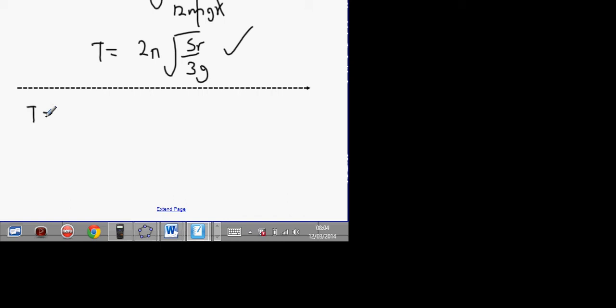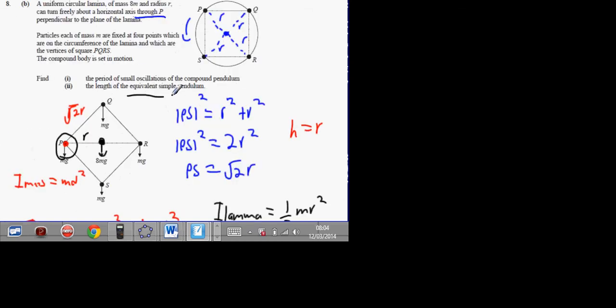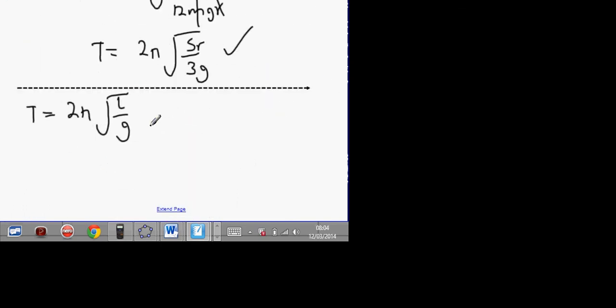It means they have the same period, which in turn means that it's going to be 2 pi square root of 5r over 3g. 2 pi's cancel, g's cancel. This means basically L equals 5r over 3. Okay guys, that's it.